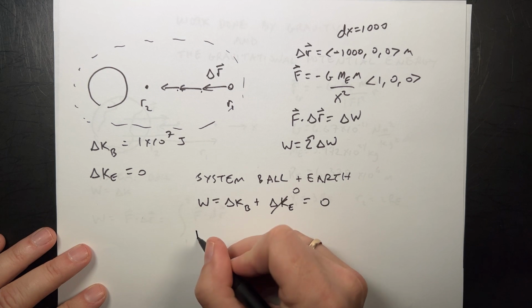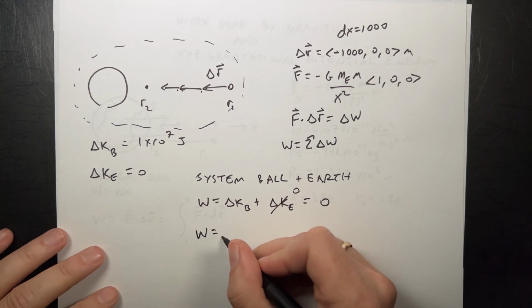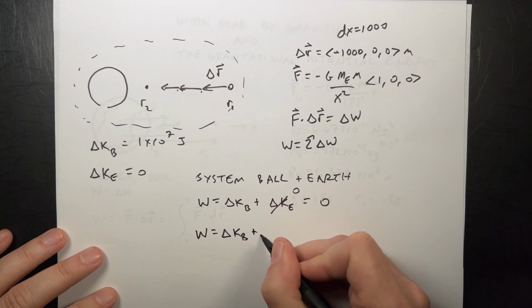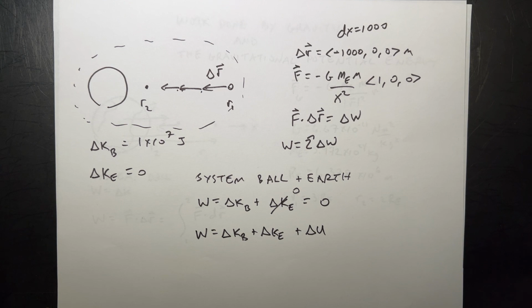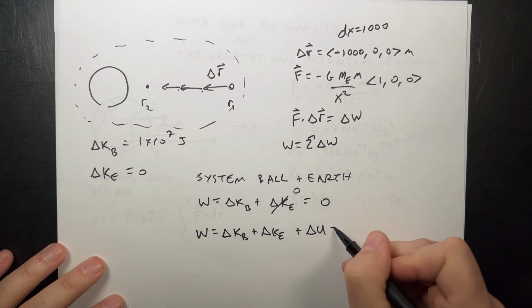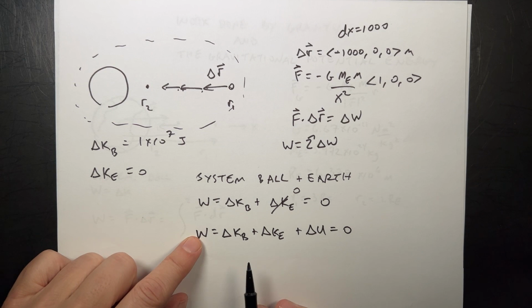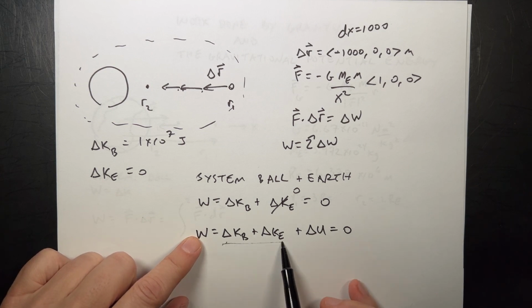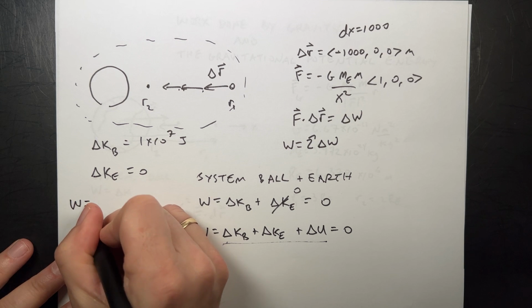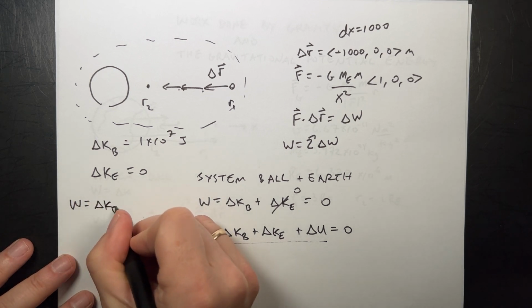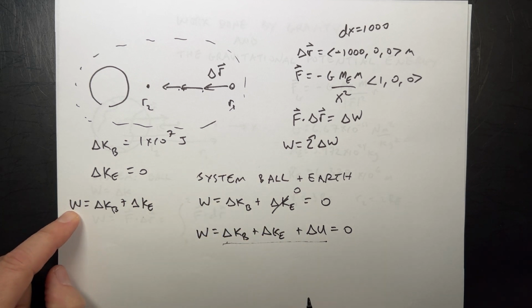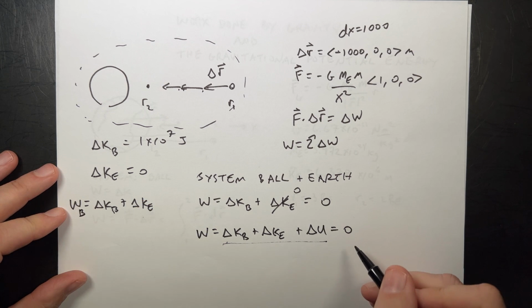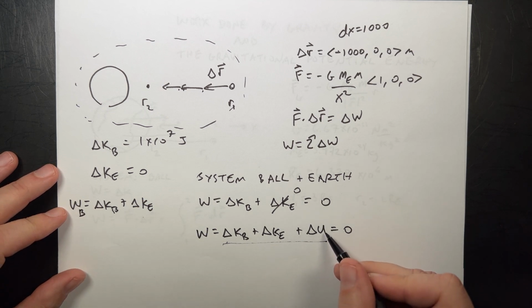In fact, we're going to write it like this. Work equals the change in kinetic energy of the ball plus the change in kinetic energy of the Earth plus the change in gravitational potential energy, and that is going to be equal to 0. There's no work done, right? But if I want this equation to be the same as for the ball, which was work equals delta K ball plus delta K Earth, then this W for the ball system has to be equal to the opposite of the change in potential energy.